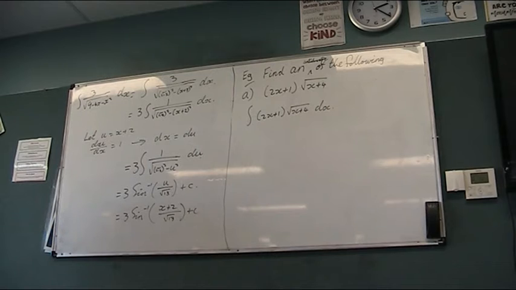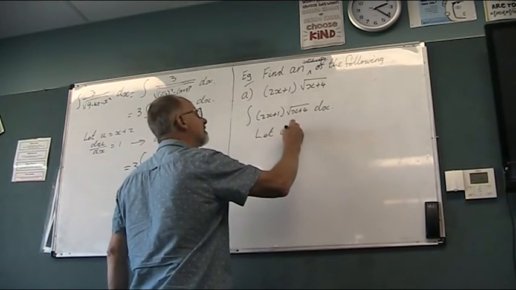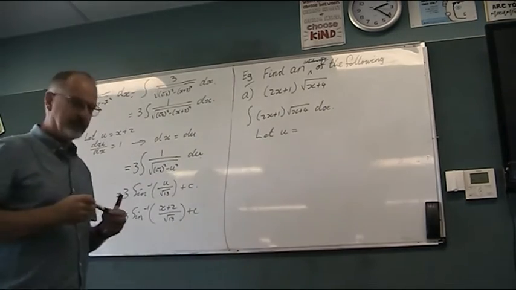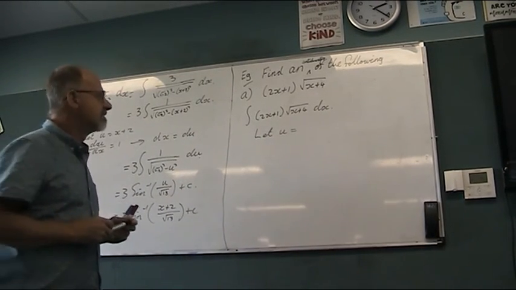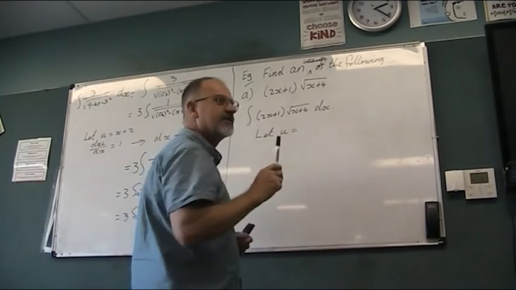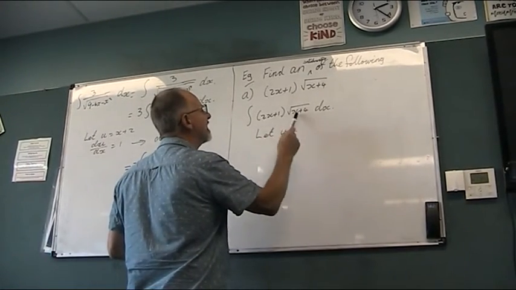Alright. Now, any ideas what we might choose to be our u, let u equal? The one that's more complicated is generally... which one's more complicated?